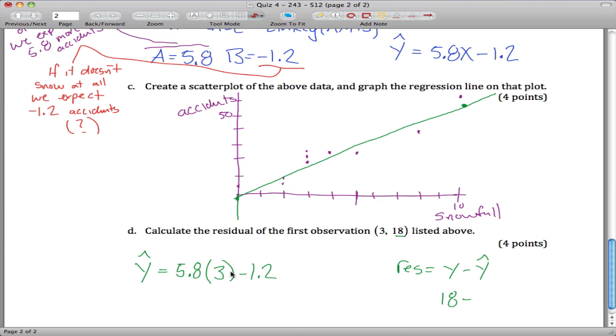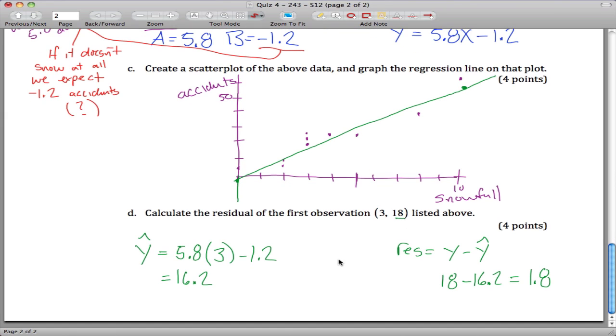So 5.8 times 3 is 17.4. From that, subtract 1.2 and get 16.2. So our residual is 1.8.